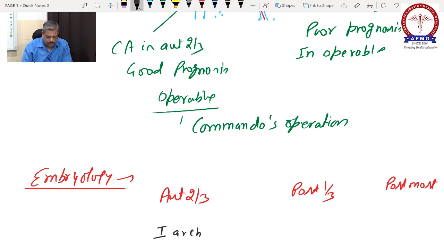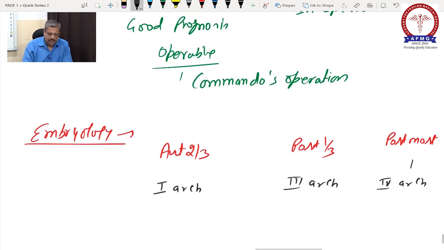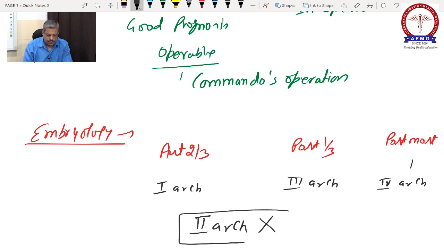The posterior 1/3 develops from the third pharyngeal arch, and the posterior most part develops from the fourth pharyngeal arch. The second pharyngeal arch has no contribution in the formation of the tongue. So this is all about the tongue, a very important topic. Thank you.